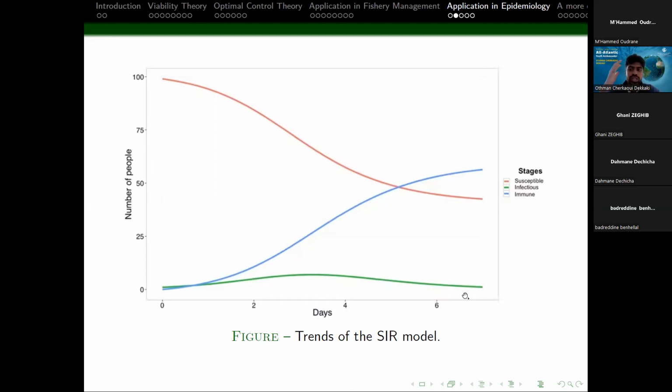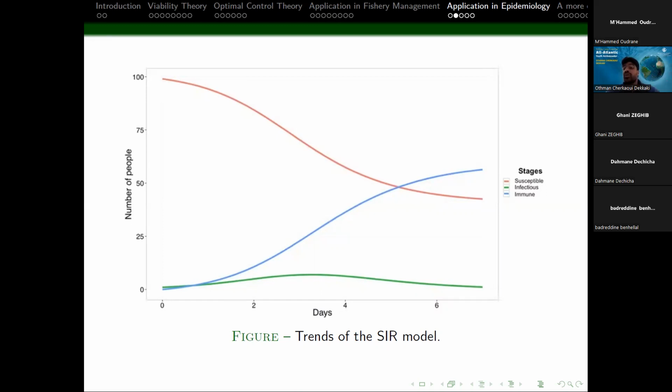And this works in almost all epidemiology disease cases, but mainly in the SIR model, meaning susceptible, infectious, and recovered cases. When COVID started in 2019, people used this SIR model.